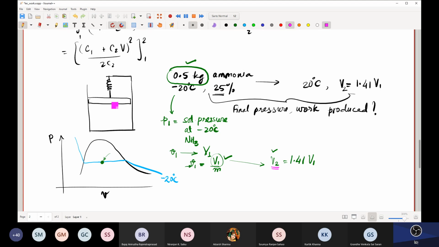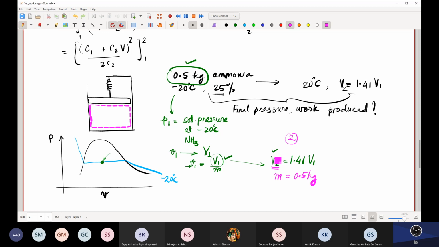Regardless of whether the piston is going up, coming down, or staying there, the control mass is always whatever ammonia is inside the system. So this control mass always contains the same amount of ammonia. It means that even at state 2, I will still have 0.5 kg of ammonia, regardless of how the piston is moving.